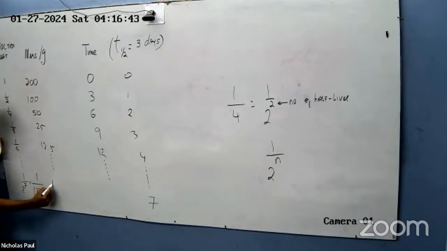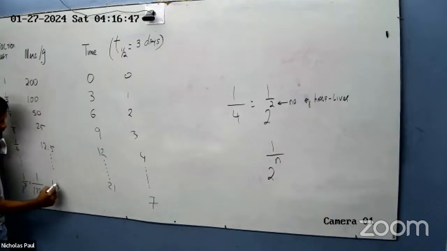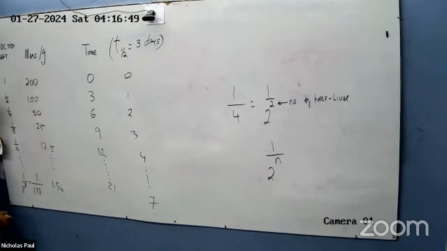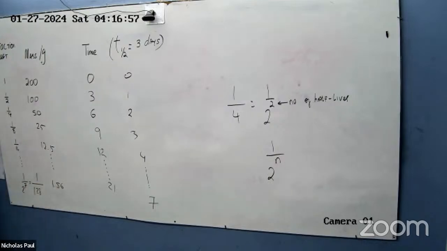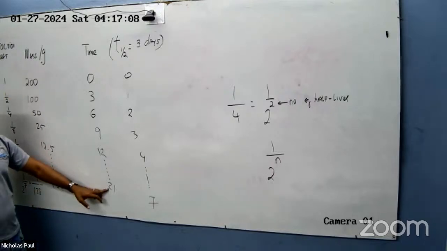How much is that? 1.5625. So you're finding 1 on 128 of 200. That's okay? 1 on 128 by 200 is this.